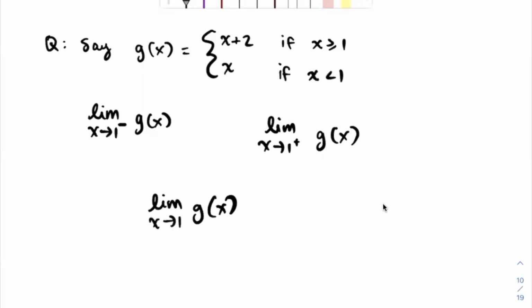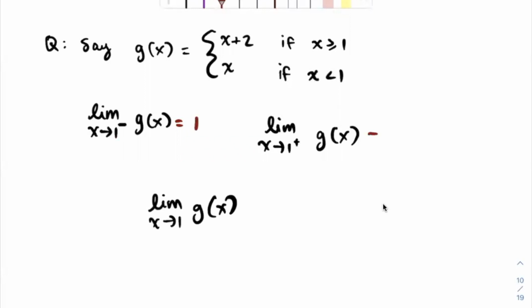Well, to find the limit as x approaches 1 from the left, we only have to care about the value of the function to the left of 1, so when x is less than 1. So then it's just going to be equal to x. And since x on its own is a polynomial that's continuous, we would just substitute, and so that's just equal to 1, because x is 1.